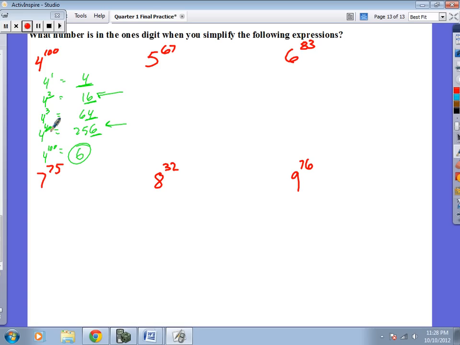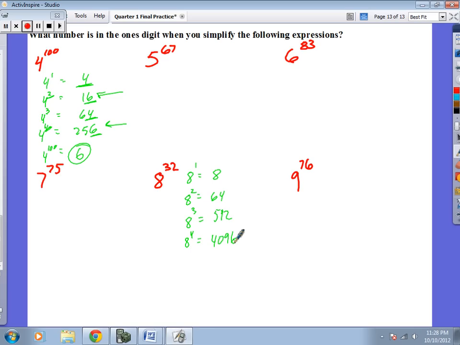So let's do maybe one more. Let's do 8 to the 32nd. Okay, 8 to the 1 ends in an 8. 8 squared is 64. 8 cubed is 512. No pattern yet. 8 to the 4th, 4096.